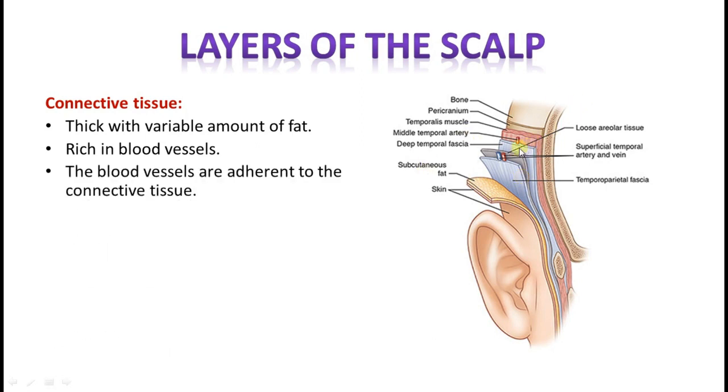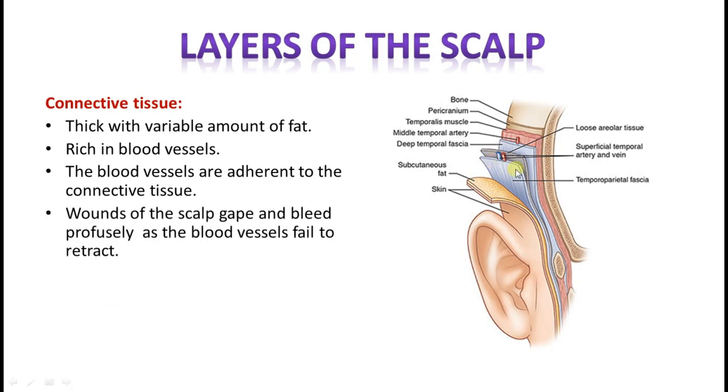These blood vessels are firmly adherent to this connective tissue layer. So the wall of the vessel is actually stuck to this connective tissue layer. Because of this, if there is a laceration or cut in the scalp, in the connective tissue, then it bleeds profusely. So wounds of the scalp bleed profusely, and not only that, they gape.